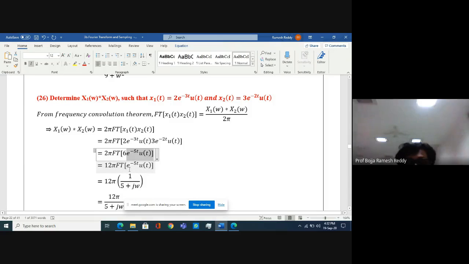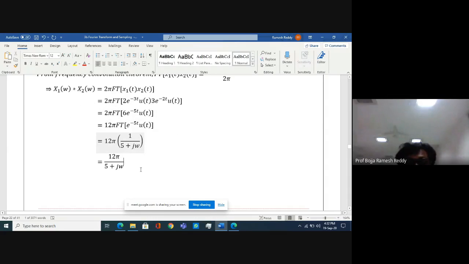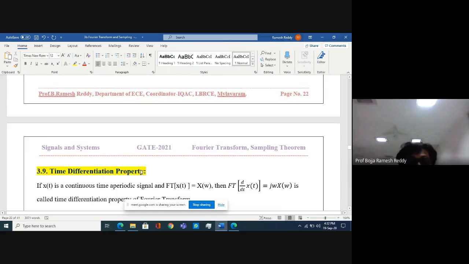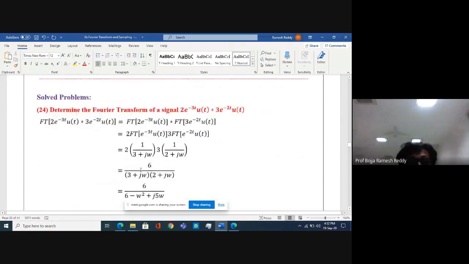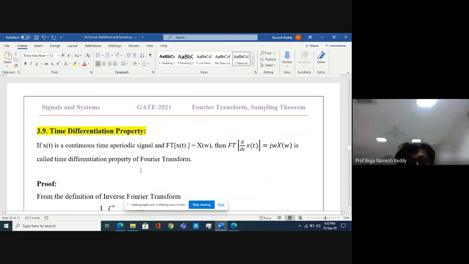Fourier transform of e power minus 5t u of t is 1 by a plus j omega. That is 12 pi by 5 plus j omega. That's the end of convolution. We have completed up to convolution.